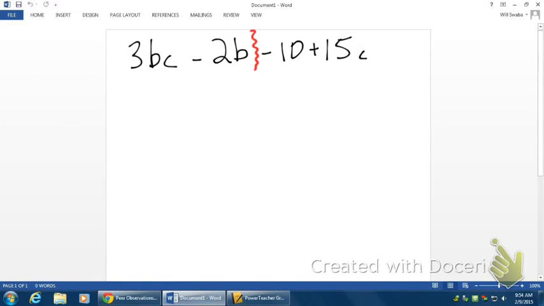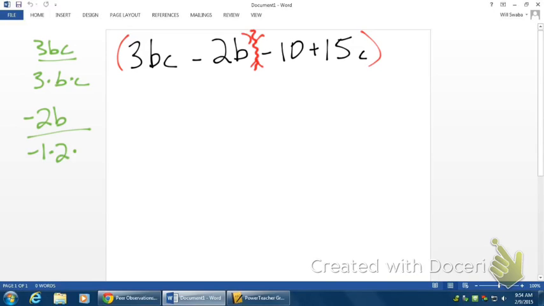We're going to draw our line down the middle. We're going to split it up into two terms and two terms. Now, I'm going to find the greatest common factor of the 3BC, so 3 times B times C. Then I'm also going to find the greatest common factor of the negative 2B, so negative 1 times 2 times B. My only greatest common factor is just going to be the B. Now what's going to be left?